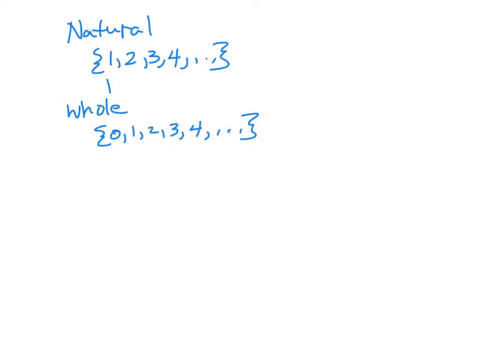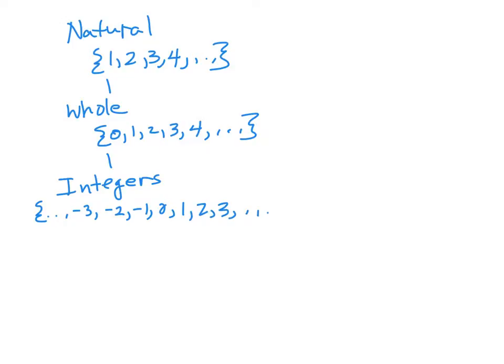Okay, do you remember what we pick up between whole numbers and integers? We pick up negatives, but still no fractions and no decimals. So integers look like this: -3, -2, -1, 0, 1, 2, 3, and so on. No fractions, no decimals.